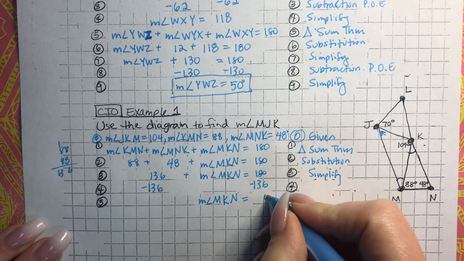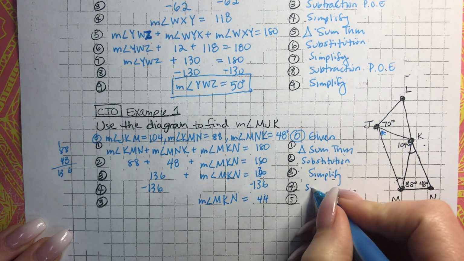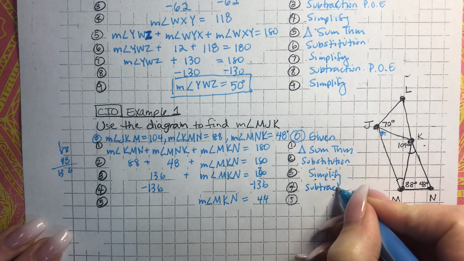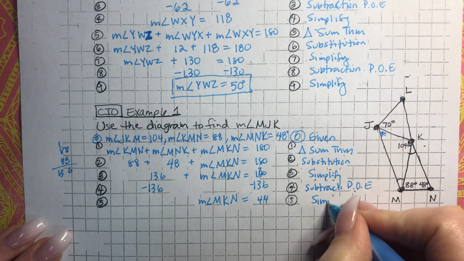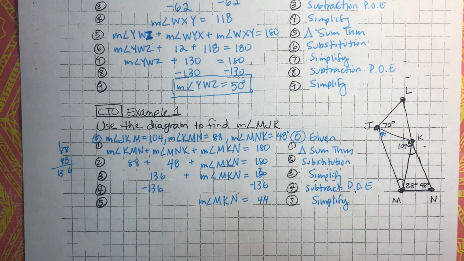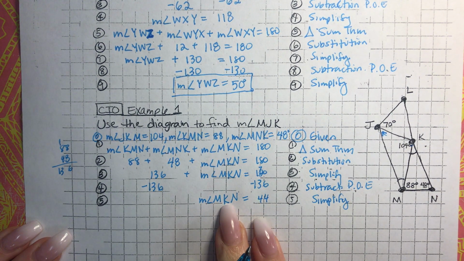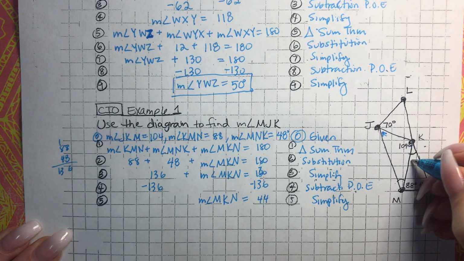That's going to be 44 degrees. Oh wait, whoops, subtraction property of equality, and simplify. Okay. So now we know that MKN is 44 degrees.